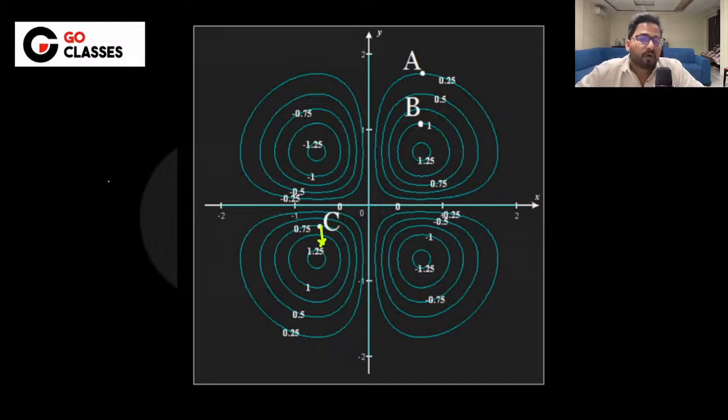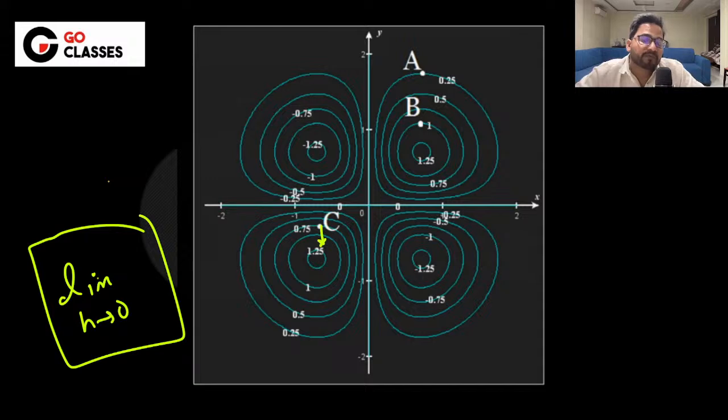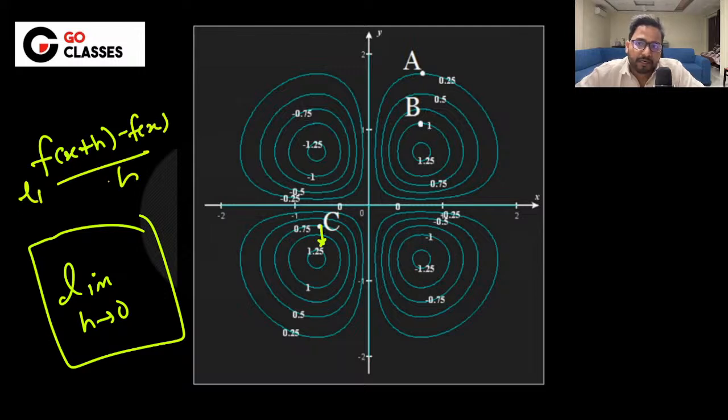In calculus or in machine learning, we always have limits, right? It is always the limit as h tends to 0. Calculus starts with this limit, which means we always talk in the neighborhood sense. You can write f(x plus h) minus f(x) divided by h, limit h tends to 0.